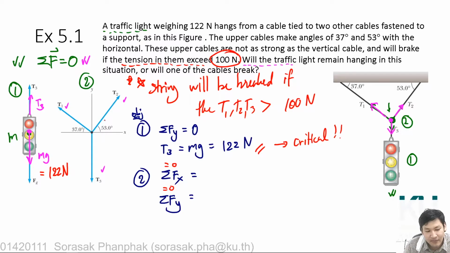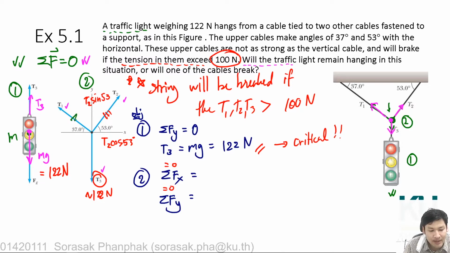You know about T3 already, right? This is 122 Newtons. If you would like to break T2 into components, this is T2 cos 53. This is T2 sin 53.